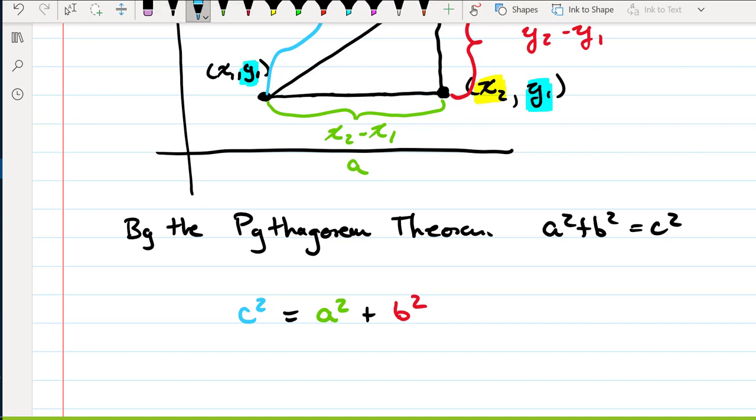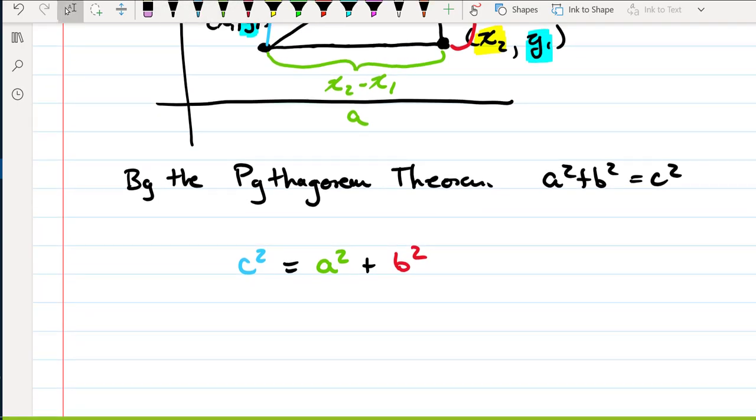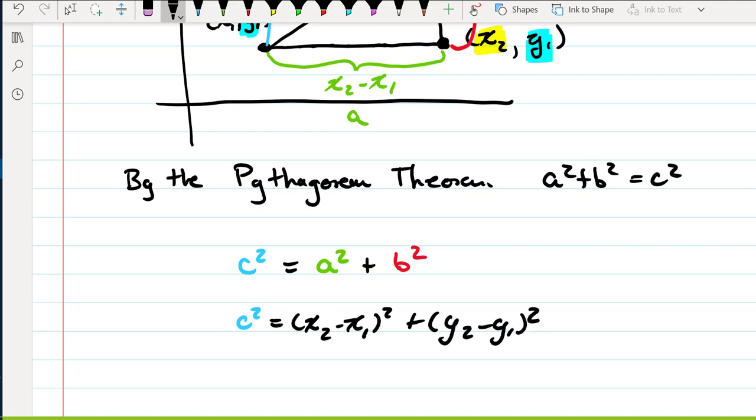So we have c squared is equal to, and our a is (x2 minus x1) squared, plus our b, which is (y2 minus y1) squared.